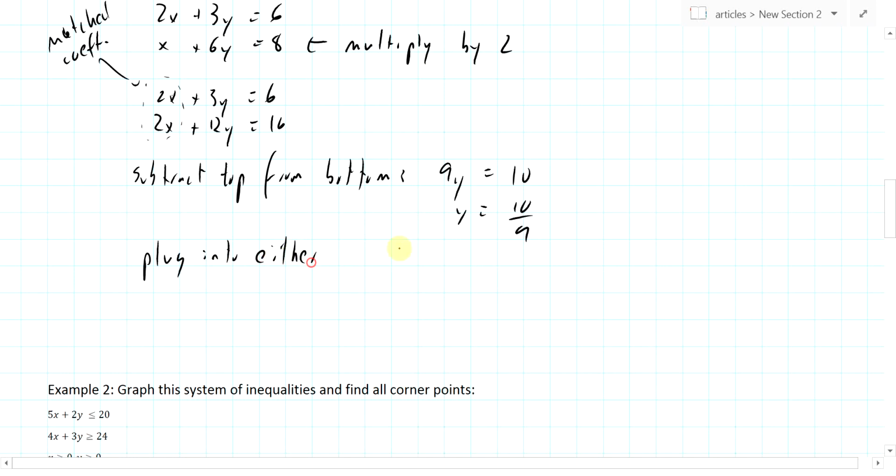Once I know y, you can plug that into either original equation to find x.